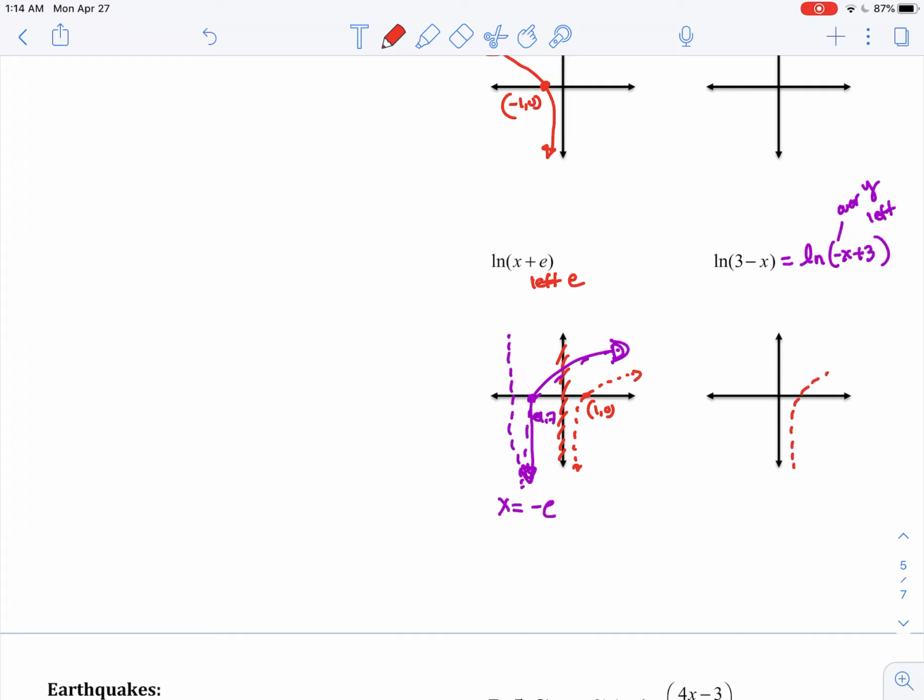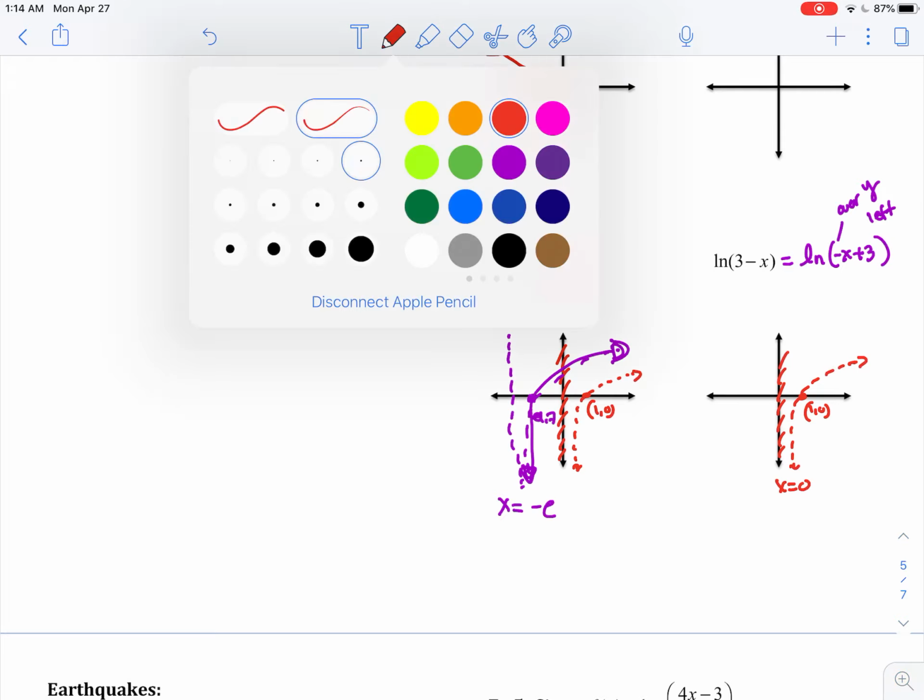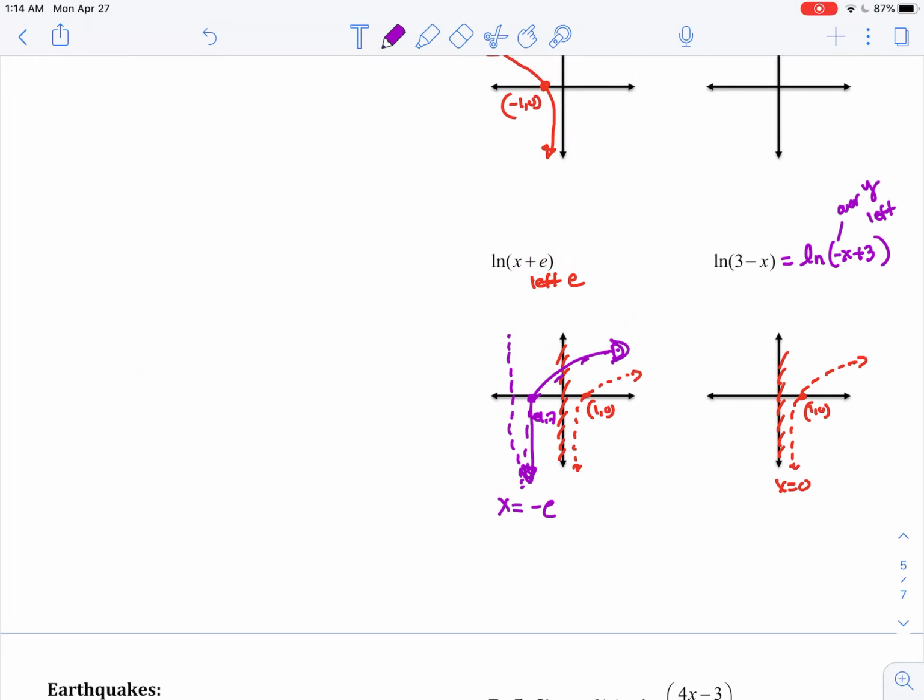So if we start with our original basic graph, natural log of x, where this was at 1 and our vertical asymptote was at x equals 0, and we go left 3 units, let me switch colors here, that means our vertical asymptote would initially shift over 3 units. So initially our vertical would be over here, and our graph would shift over 3.